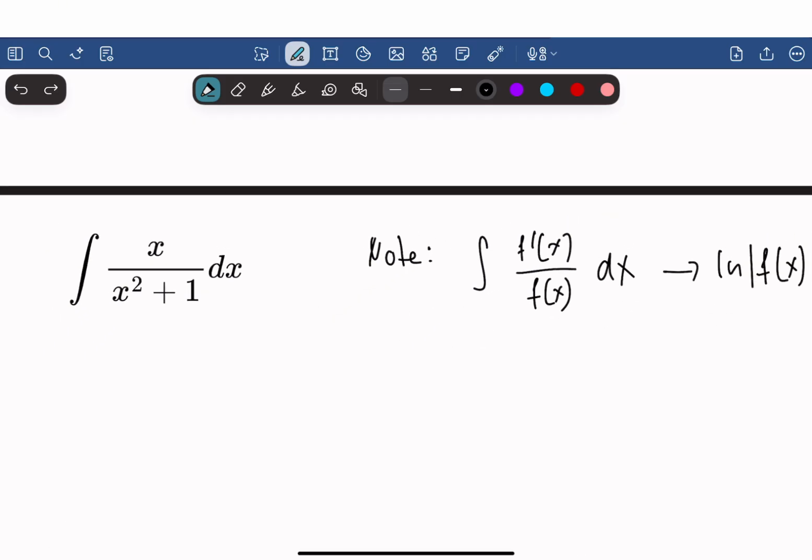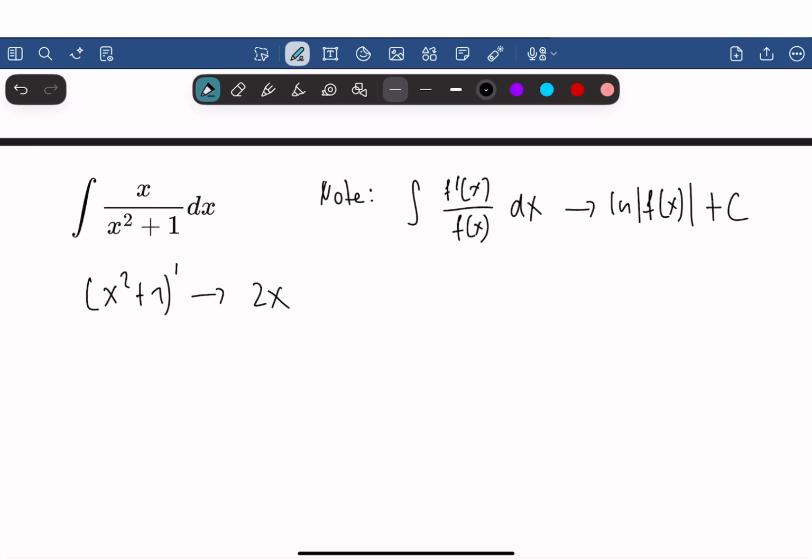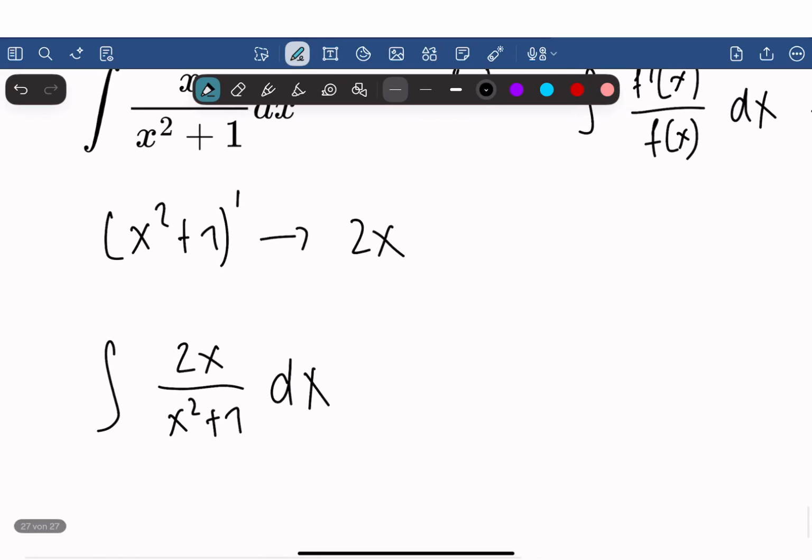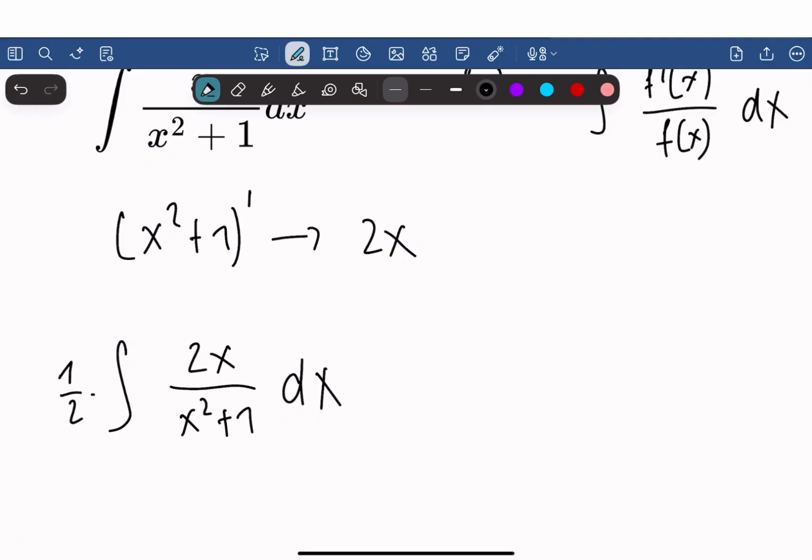So if we take the derivative of x squared plus 1, we will get 2x, and we want the integral in the form f prime of x over f of x. So we write the integral of 2x over x squared plus 1 dx. Now we have a different integral, so we put a 1/2 times the integral.